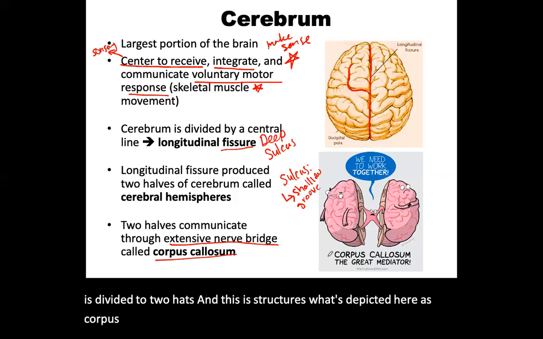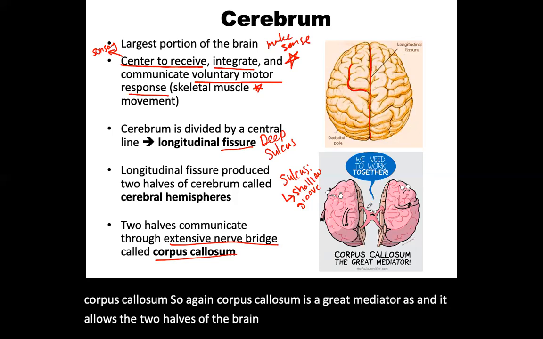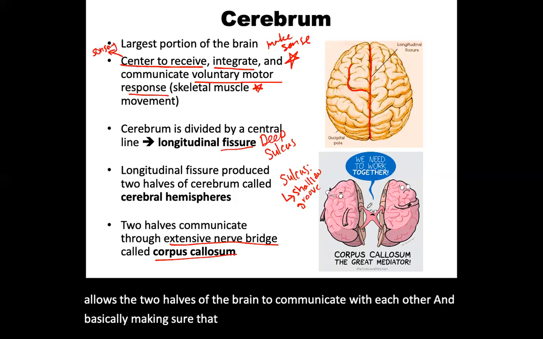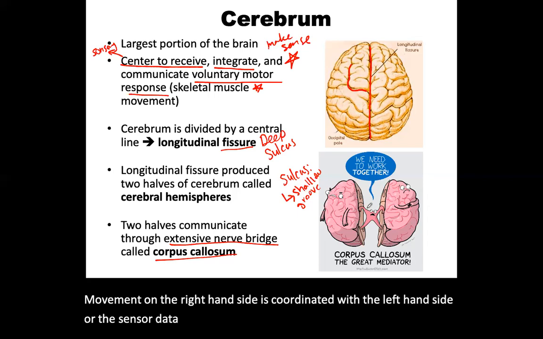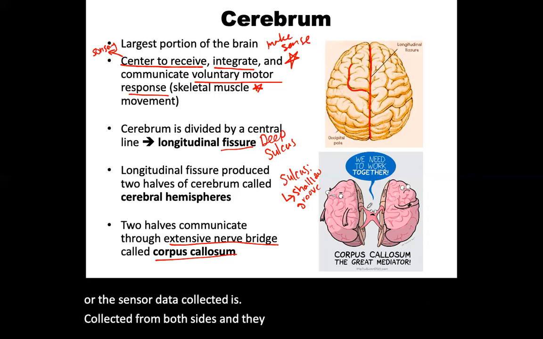Corpus callosum is a great mediator, as in it allows the two halves of the brain to communicate with each other, making sure that the movement on the right hand side is coordinated with the left hand side, or that the sensory data is collected from both sides, and they come together to make you aware of your environment.